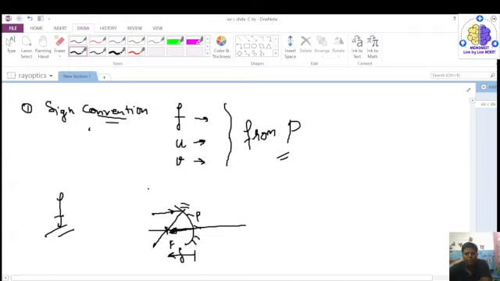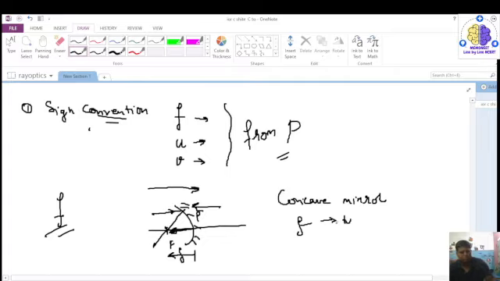The incident ray is moving from my left to right, whereas while measuring the focal length, I have to move from my right to left. Therefore, for a concave mirror, focal length is negative, right? Focal length is negative.